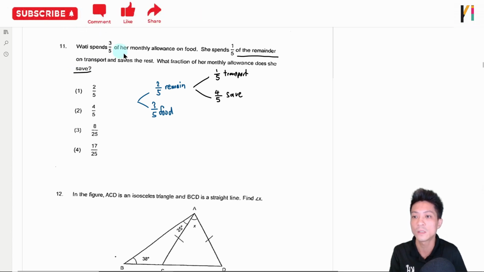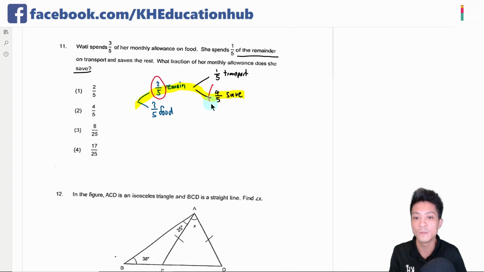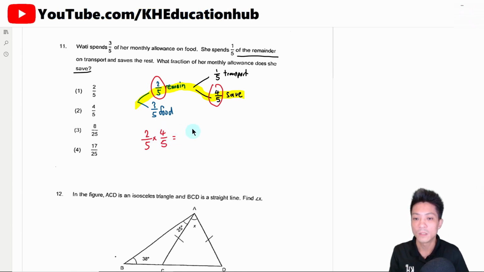So in this case, if you want to find what she saved, you just trace it back to here and to here. So you're going to use 2/5 times 4/5. There's nothing to reduce, so it will be 8/25. The answer will be number 3.